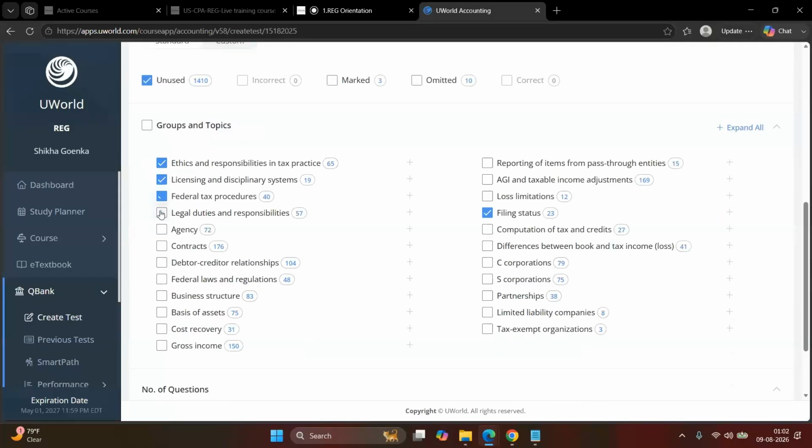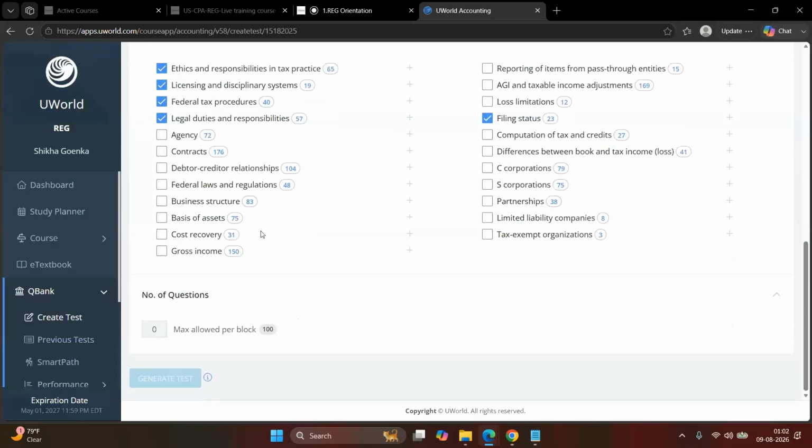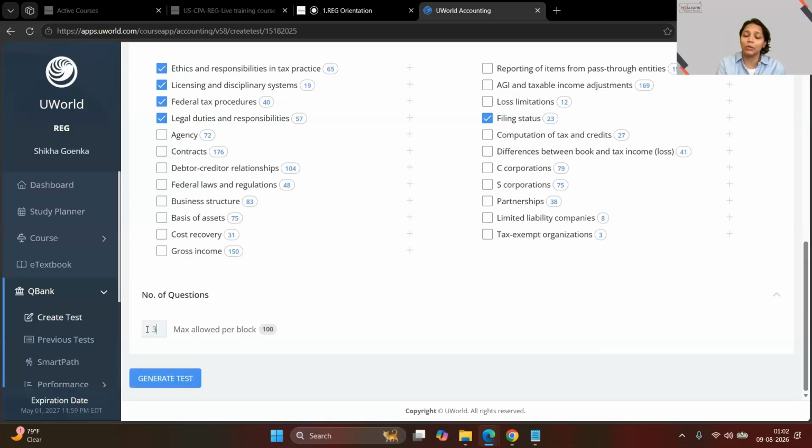You can just select these 4 topics from here, and whichever pool you decide to take the test from, maybe unused, incorrect, marked, or omitted, just select that pool of questions and take a random test of whatever number of questions you'd like to solve. You should take 36 questions if you always want to take practice. Okay, 36. Also, go up, Shikha, go up. See, can you see this up?